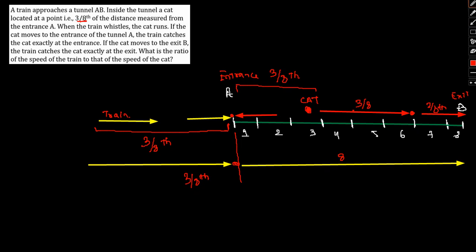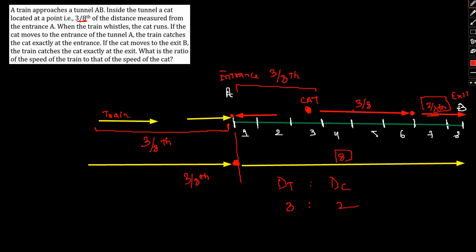So basically in this final leg, from when the train reaches point A to point B, the distance covered by the train is to the distance covered by the cat simply 8:2, because the cat covers 2/8 and the train covers 8.